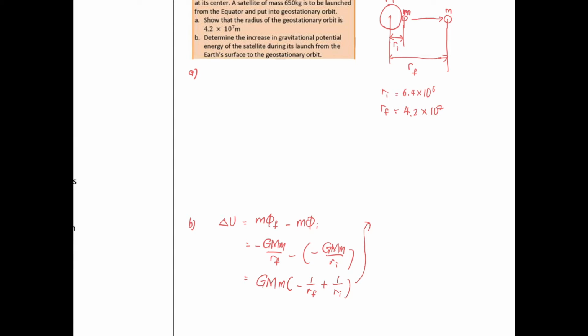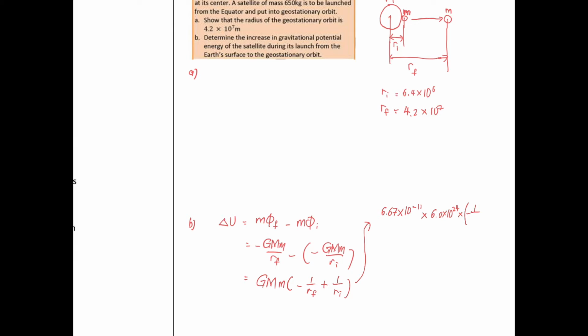So G is 6.67 times 10 to the power of minus 11. M is the mass of the Earth, which is 6.0 times 10 to the power of 24. Then minus 1 over R final.